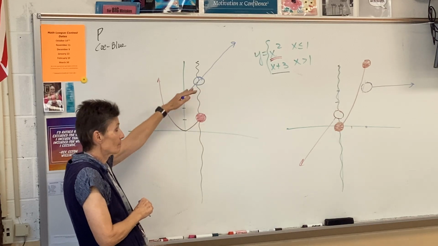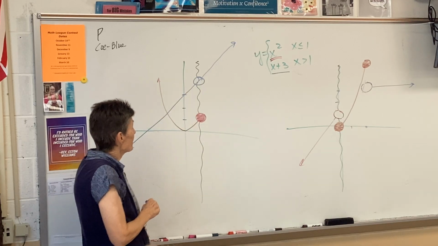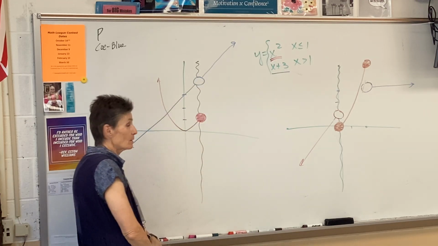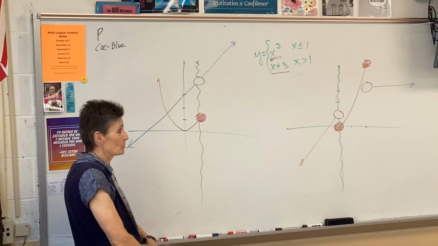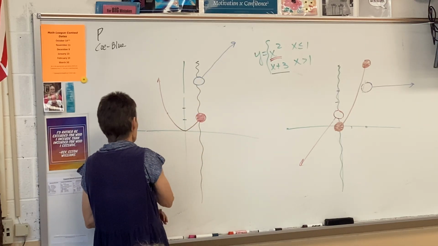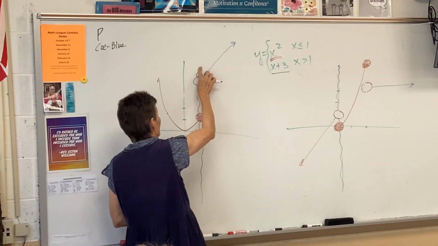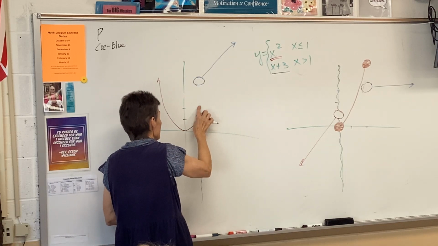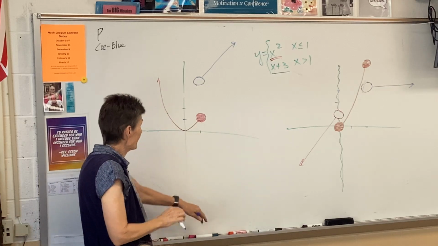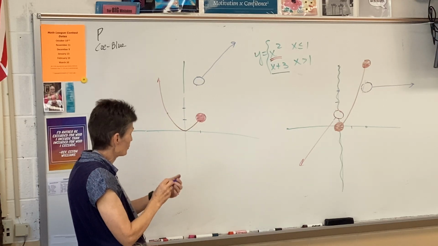Red 3. That would be an open dot. And which part do I keep? To the right. So all this goes away. I can erase my squiggle if I want. And looky there. What a nice, great, awesome picture.